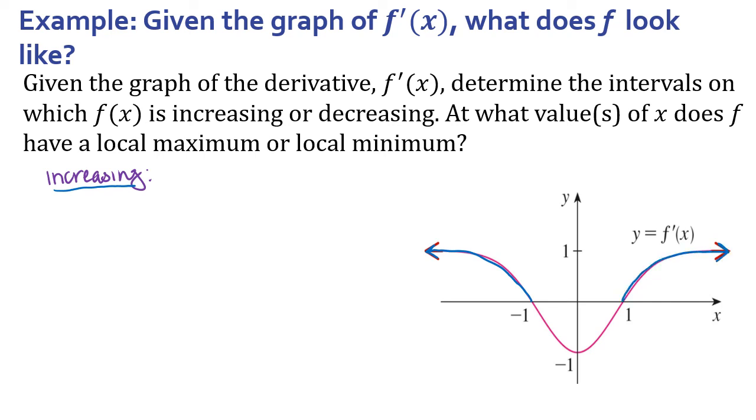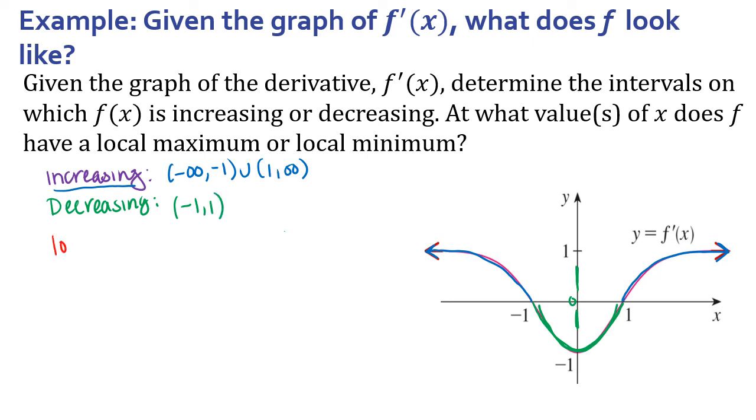So we would say that this function is increasing from -infinity to -1, and then from 1 to infinity. Decreasing, so a function is decreasing where the first derivative is negative. So the first derivative is negative all in here, because if this is 0, here's your positive values, here's your negative. So that interval is from -1 to 1.